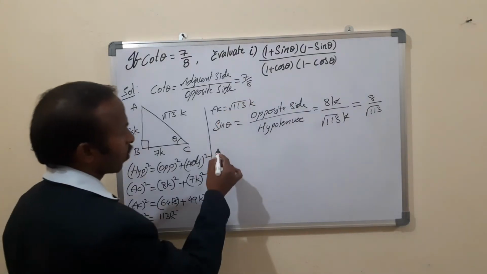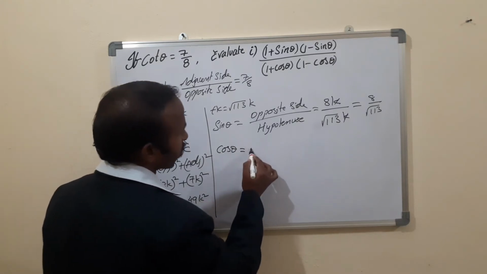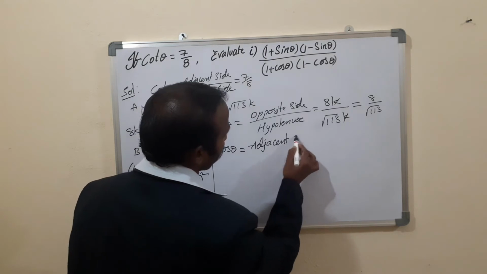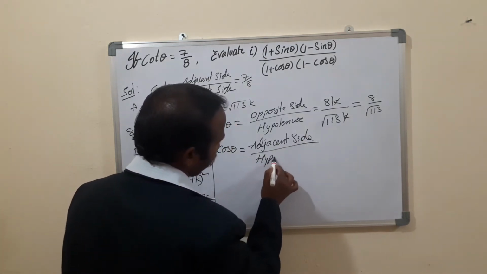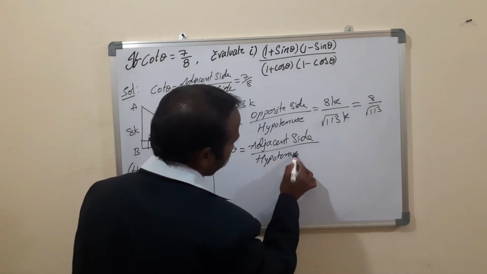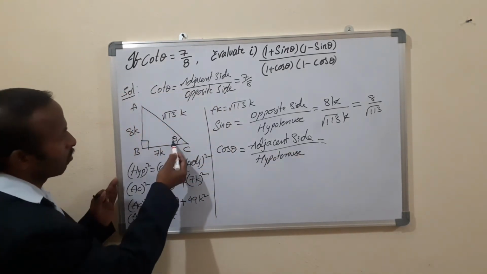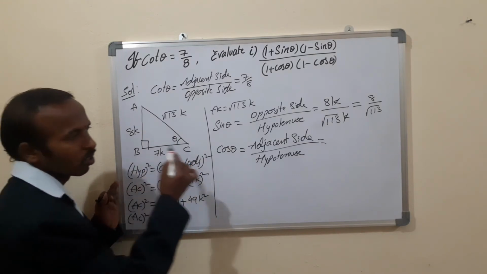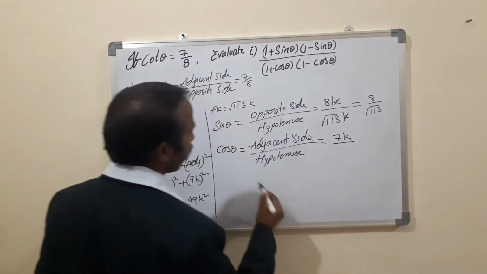Now cos theta. Cos theta equals adjacent side by hypotenuse. Adjacent side with respect to theta. Theta is this. Adjacent means BC. How much is it? The length of BC is 7k by hypotenuse.